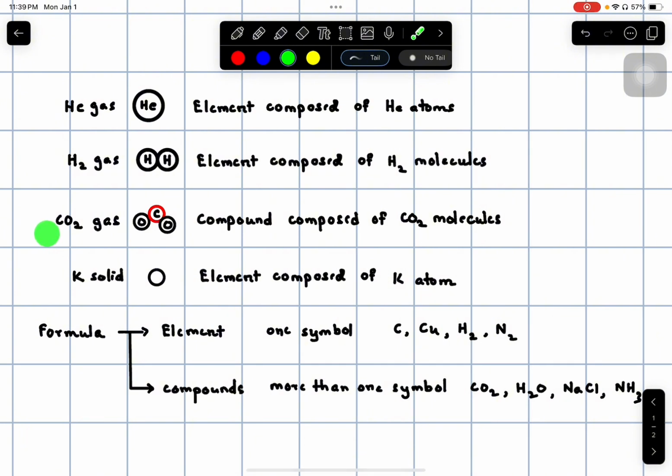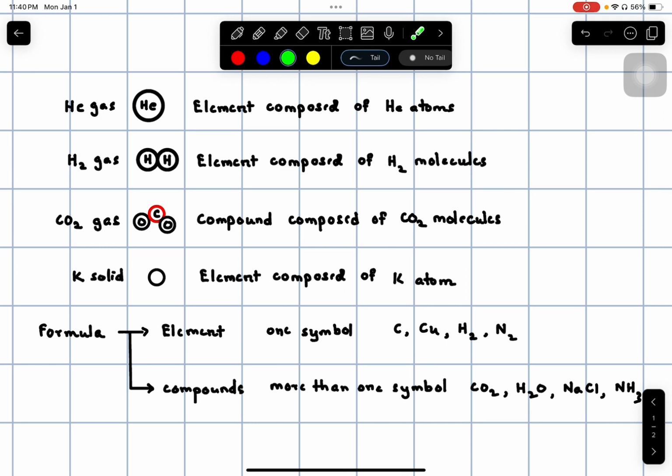Carbon dioxide is different from hydrogen because in a molecule of carbon dioxide, the sizes are different, the number of protons are different, the shapes and colors are different now. So carbon dioxide is no longer an element, but a compound which is composed of carbon dioxide molecules. If we have a piece of solid potassium, that solid potassium will be an element which is composed of potassium atoms.